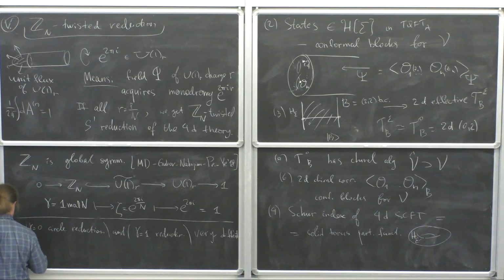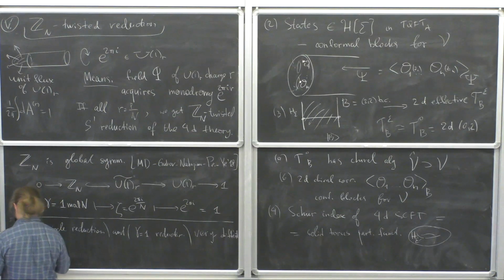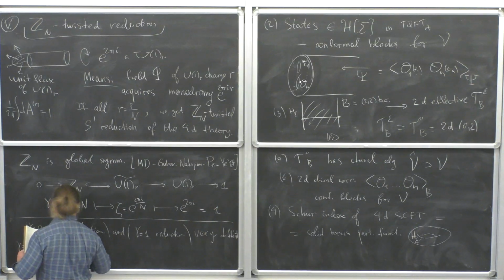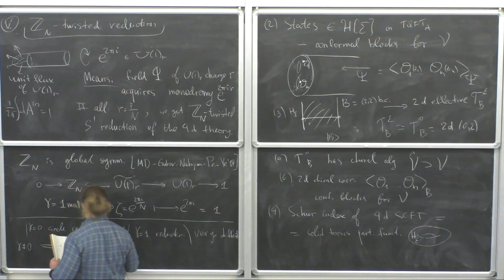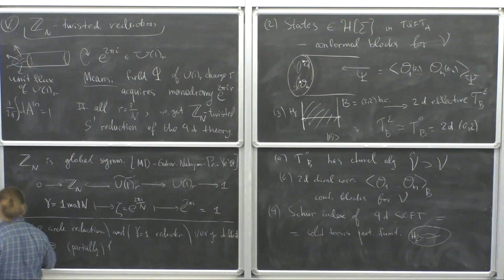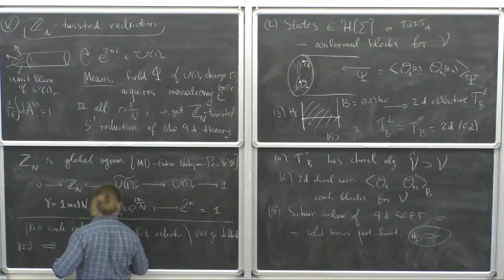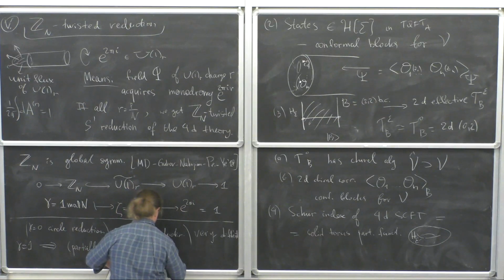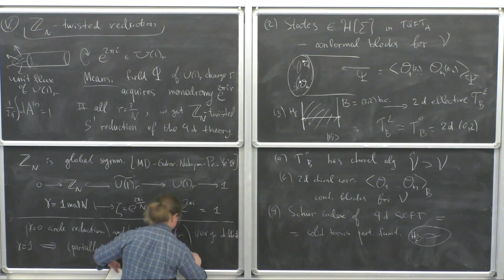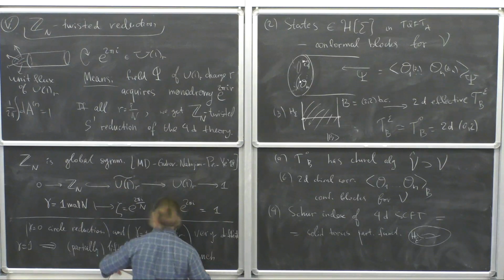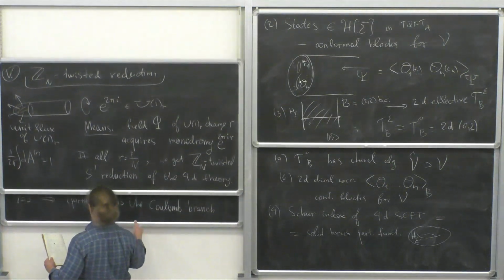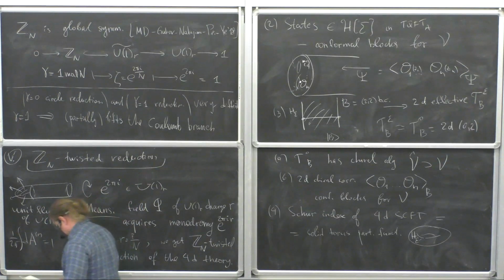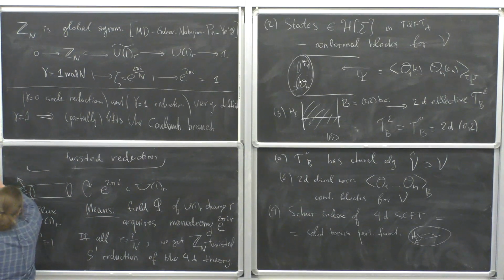So when we have gamma non-zero, in particular gamma equals 1, it partially lifts the Coulomb branch.